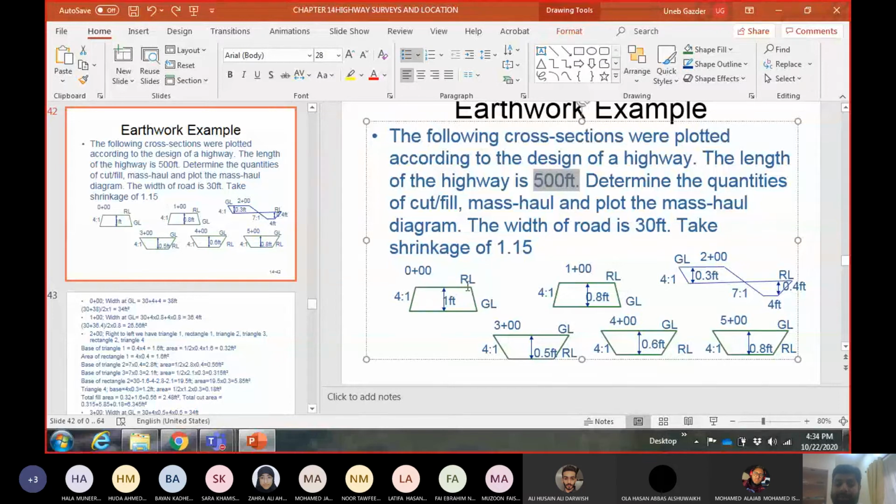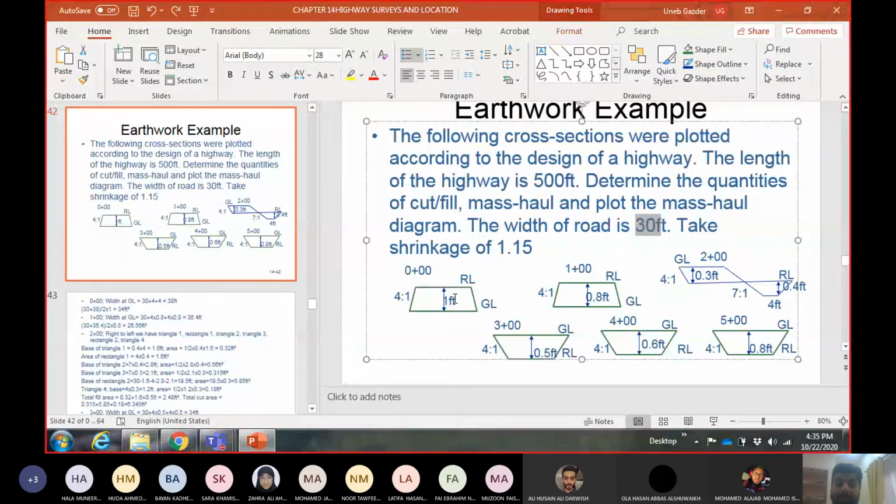For the rectangle, I know the width of the road, which is 30 feet, and I know the height, the difference in elevation between the road level and the ground level. So 30 into 1 will give me the area of the rectangle. For the area of the right angle triangle, it is half base into height.